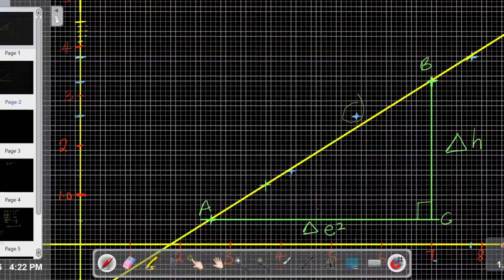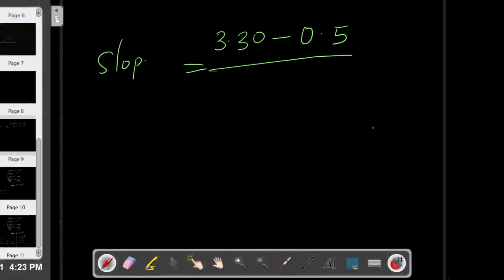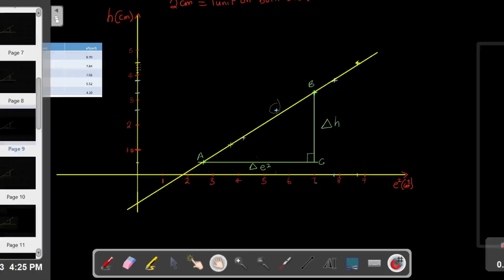This line is 0.5. 0.5 all over. Remember, this is slope. So the slope is going to be 3.3 minus 0.5 all over.